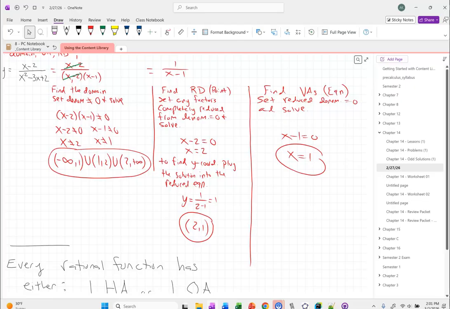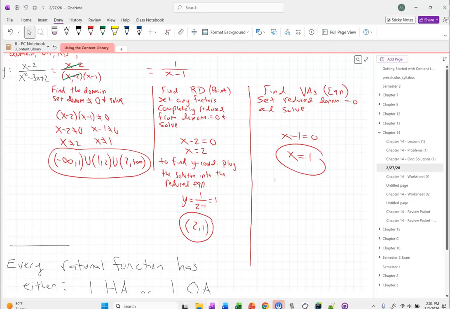Notice that the x values that are not in the domain have to be the x's for my hole, my removable discontinuity, or my vertical asymptote. You can't have x not equal to 3 and the 3 not be either an x-coordinate for a removable discontinuity or a vertical asymptote.